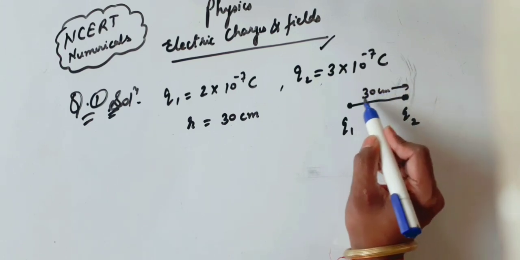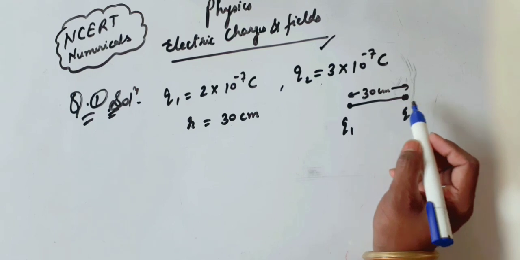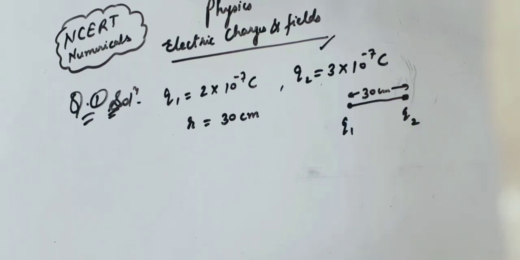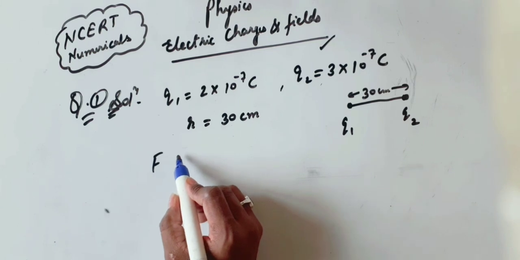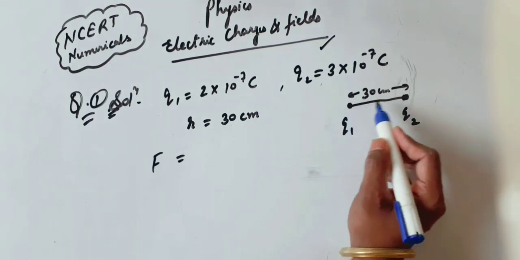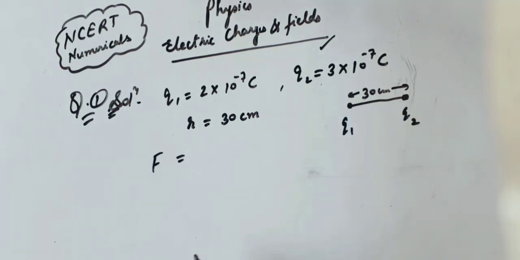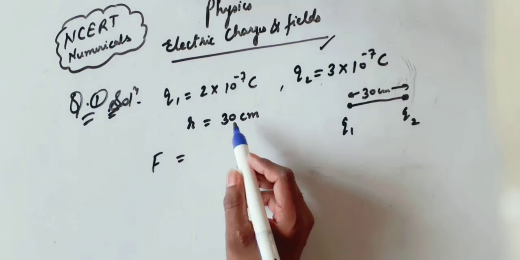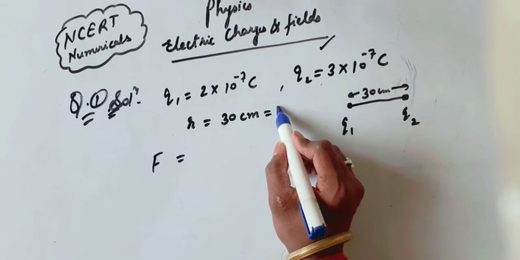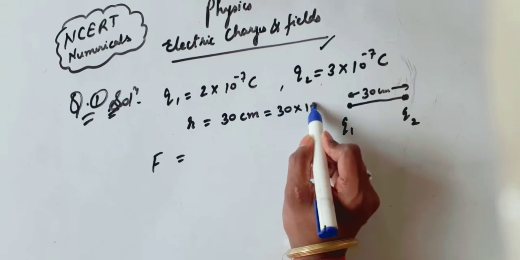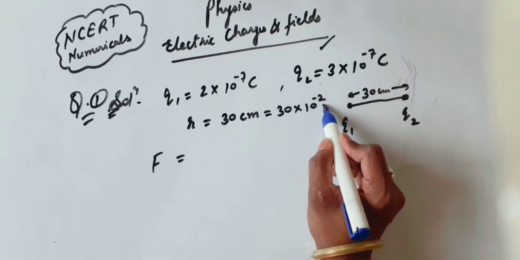This 30 centimeter distance is between q1 and q2, and in this question we will find the electrostatic force acting between these two charges. So friends, firstly we will convert it into SI unit. This is 30 centimeter, so it will be equal to 30 into 10 to the power minus 2 meter.